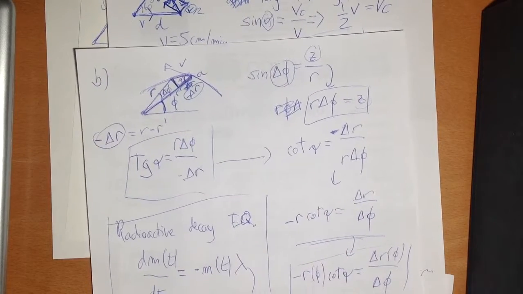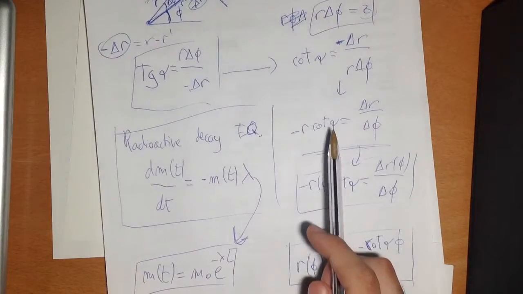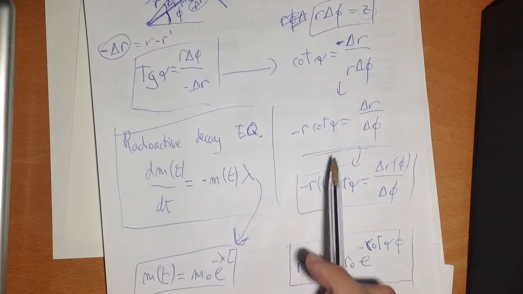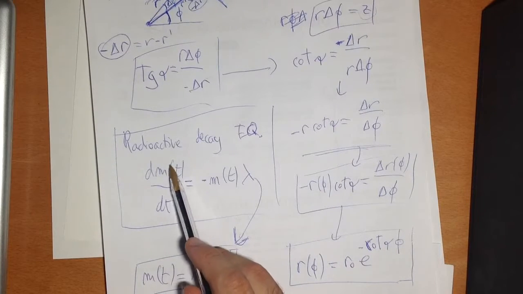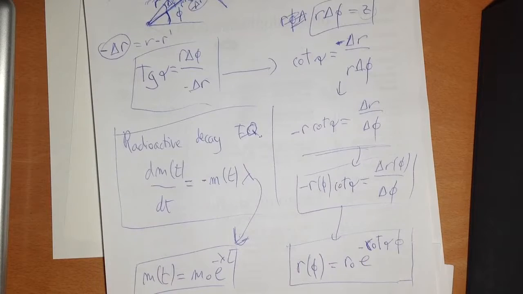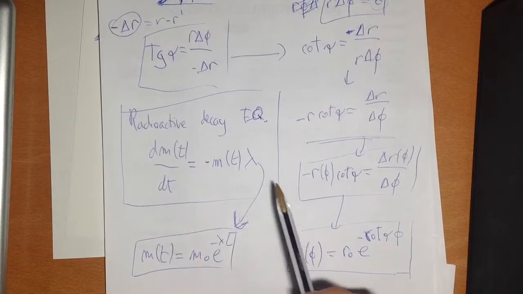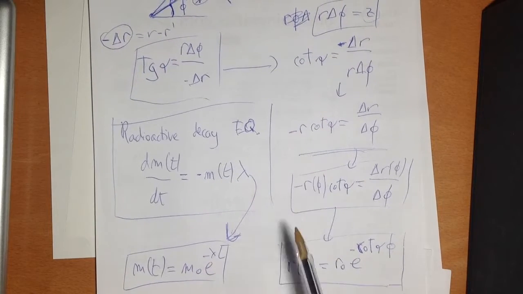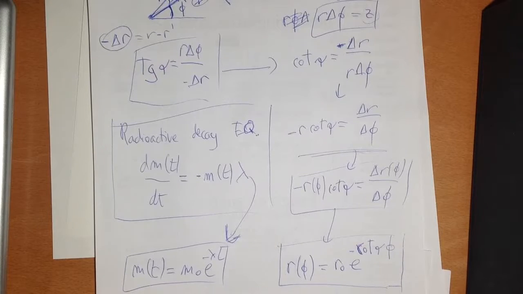For convenience, as you'll see, we'll use this one, because we want to get an equation analogous to this radioactive decay equation that we have to keep in mind. As you can see, we can get an equation that is totally analogous to this one, just doing a little bit of algebra.